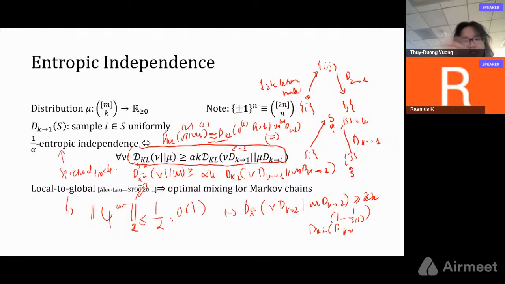So first of all, it's always true that when you apply the operator, your KL distance is always less than the original distance, right? This is called the data processing inequality. Okay, it's hard to say.